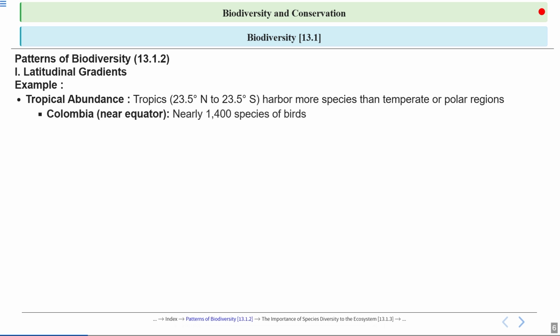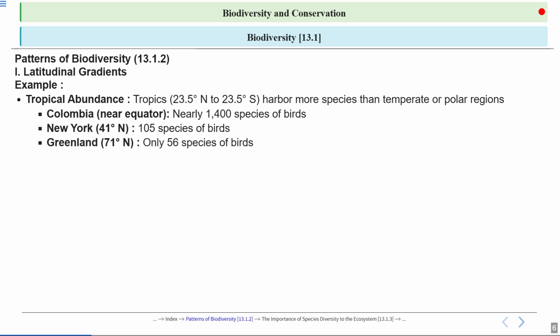For instance, Colombia, which is near the equator, is home to nearly 1400 species of birds. Now let's talk about New York, which is at 41 degrees north. It has only 105 species of birds. Then as we go further north to Greenland at 71 degrees, we find only 56 species of birds.